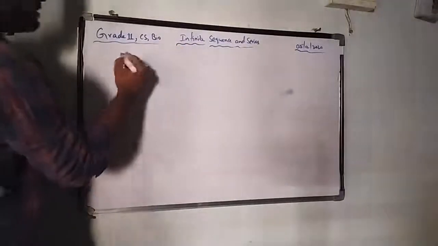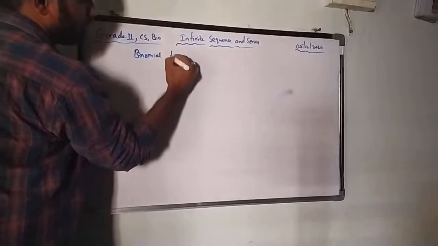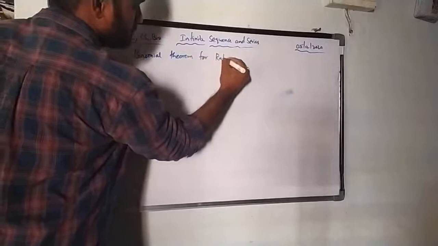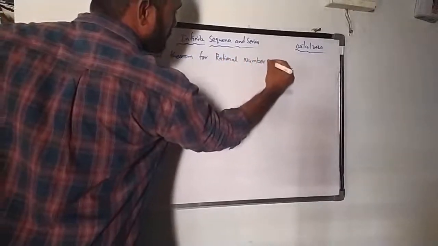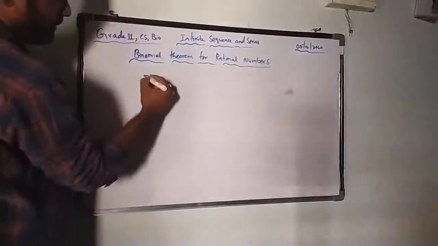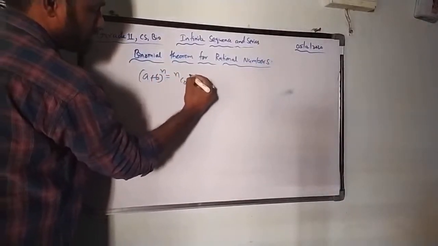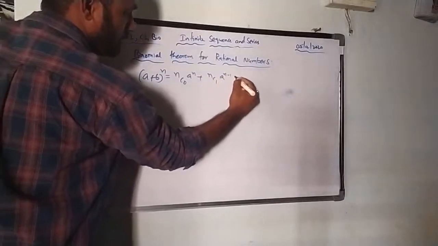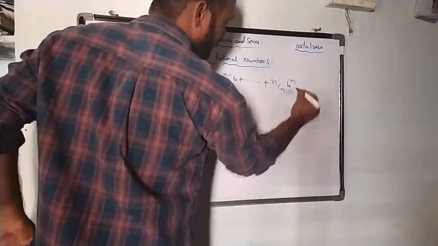Next, we see the binomial theorem for rational numbers. If I take the binomial theorem, we know that a plus b whole to the power of n is equal to nC0 a power n plus nC1 a power n minus 1 b plus so on plus nCn b power n.